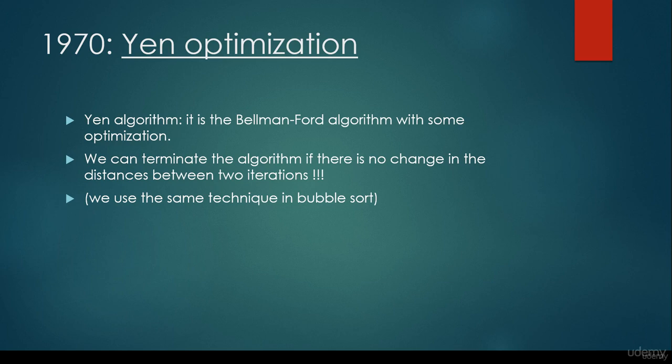But maybe we just have to make a few iterations at the beginning, and further iterations are not going to change the final distances significantly, so we don't have to make the last few iterations. Why is it good? Because our algorithm is going to be boosted up and it's going to be faster. Basically, we use the same technique in bubble sort in order to boost it up.